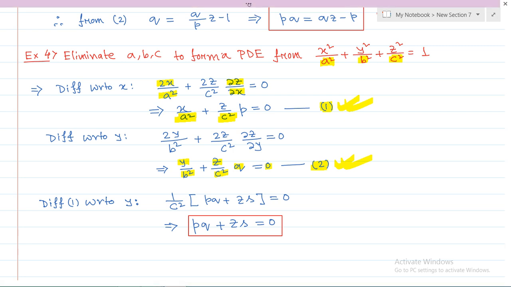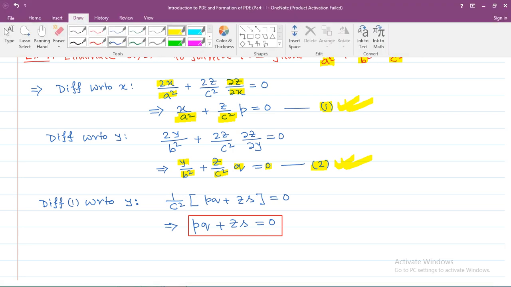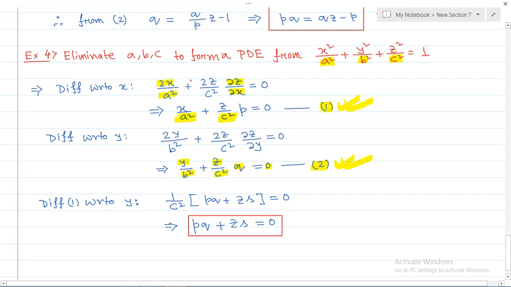Now the question is, with respect to which variable do we differentiate, x or y? Suppose we differentiate equation 1 again with respect to x, then what will happen? X upon a square will become 1 upon a square, plus 1 by c square, and the derivative with respect to x will come for the term z into p, that equals 0.